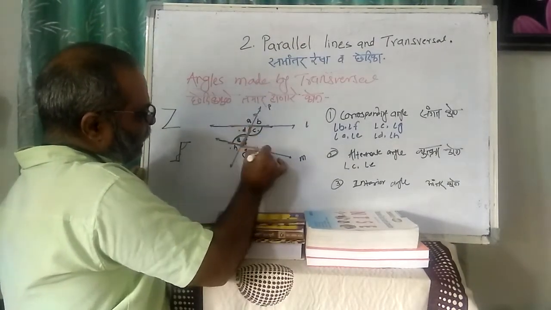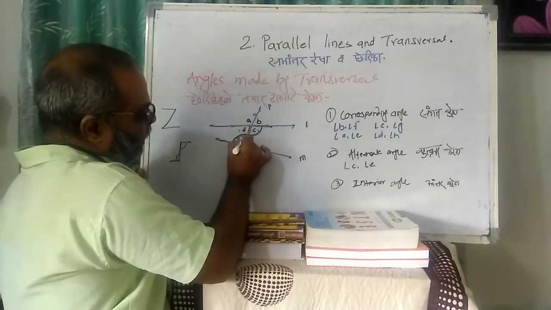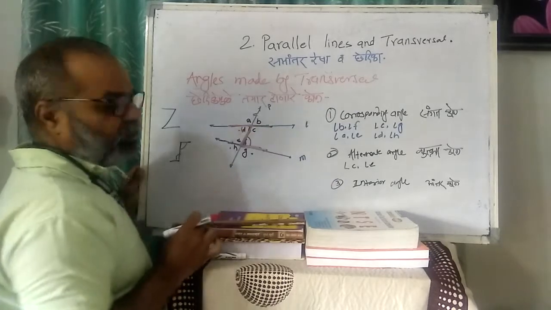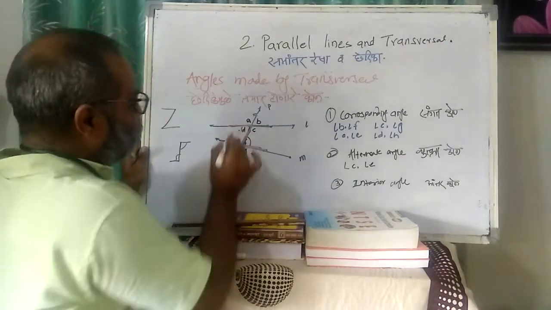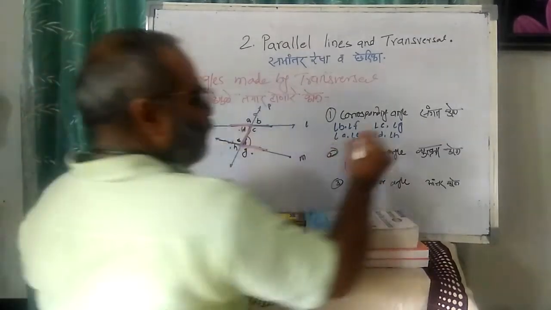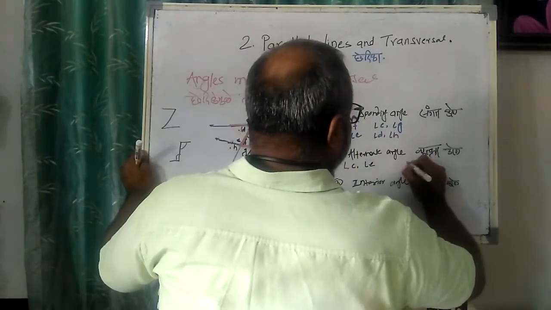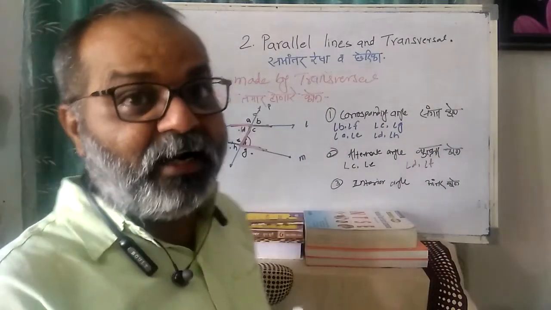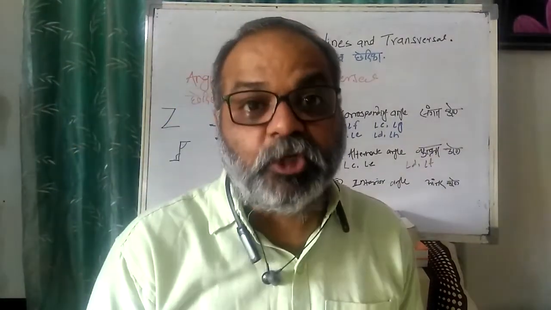You just look, Z आकारासारखी आकृती दिसतेय. त्याच्यामधले जे अँगल्स आहेत त्याला आपण काय म्हणणार आहे, अल्टरनेट अँगल. त्याला आपण काय म्हणणार आहे, व्युत्क्रम कोन. सो दिस Z form Z, angle D and angle F. So angle D and angle F, they are also called alternate angles. This is a व्युत्क्रम कोन.